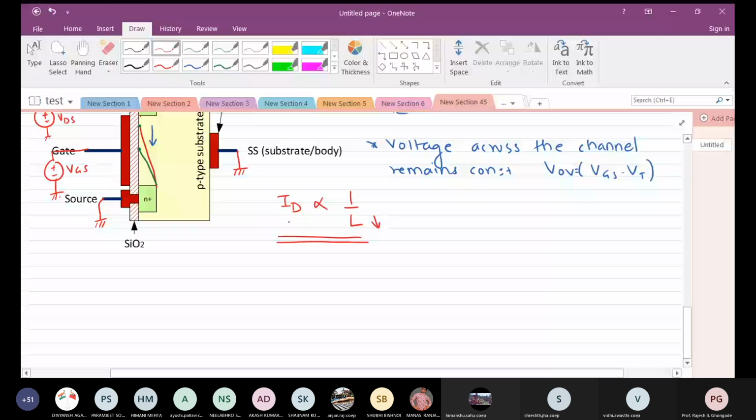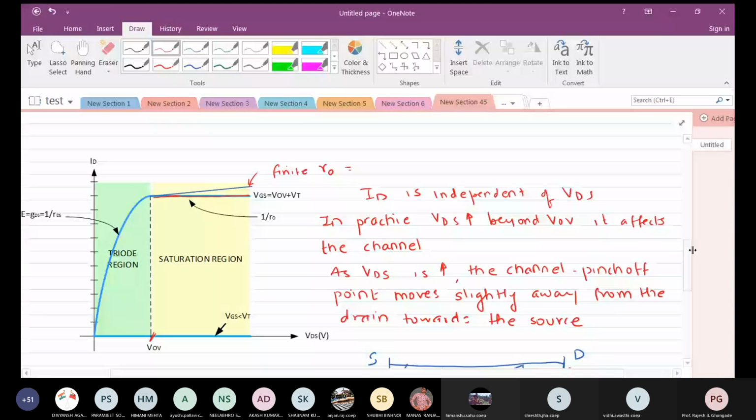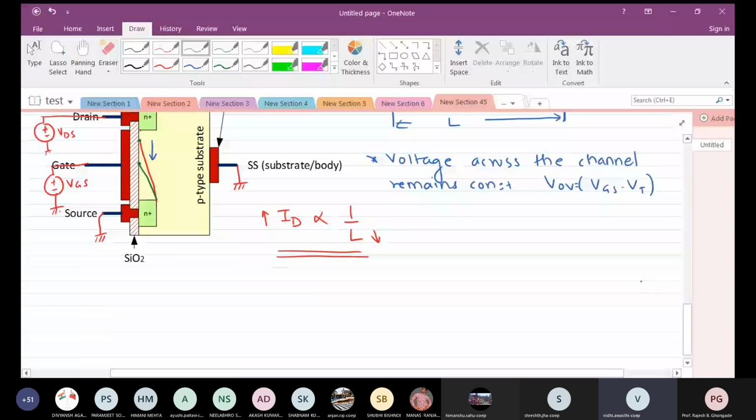It will increase, and that is the reason why, as you can see here, ID increases slightly. So ID does increase with VDS, of course to a very small value.